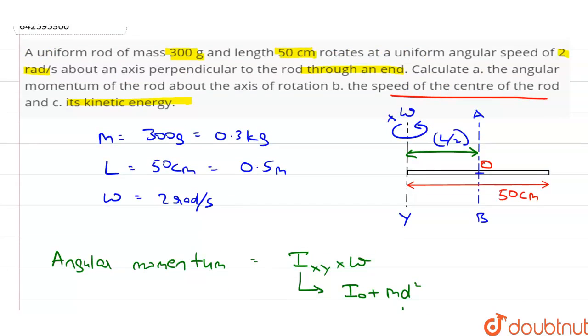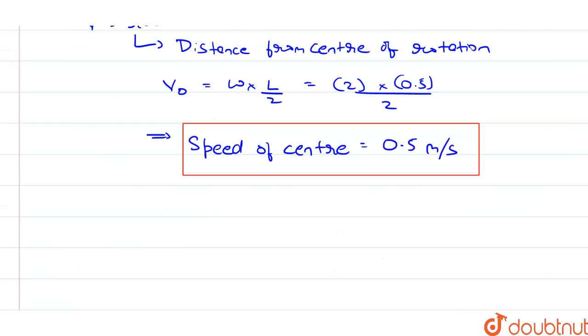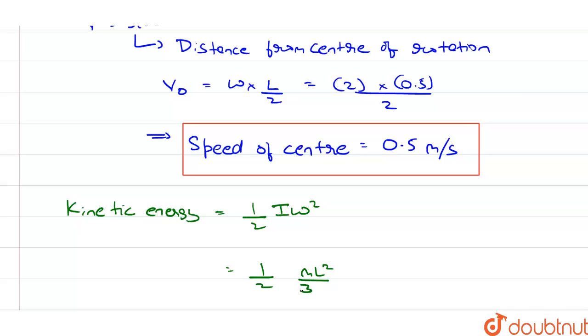In the C part, the question asks to find the kinetic energy. So the kinetic energy of rotation is given as half I omega square. This is equal to half into I, which is ml square by 3, into omega square.